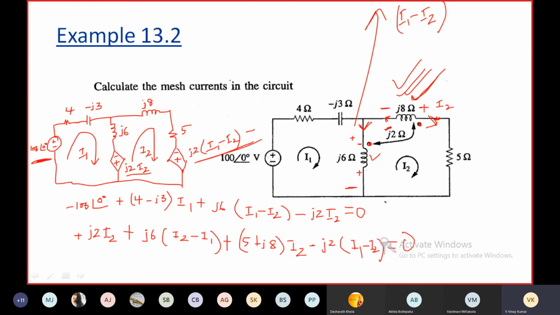This current is entering the dot terminal. If current is entering the dot terminal, the mutual induced EMF will be positive at the dotted terminal of coil 2. If it is positive, this will be negative. Anyhow, you are collecting voltage at this point with respect to this point, so the voltage will be negative. That's why it is minus plus J2 into, because of which current? I1 minus I2.